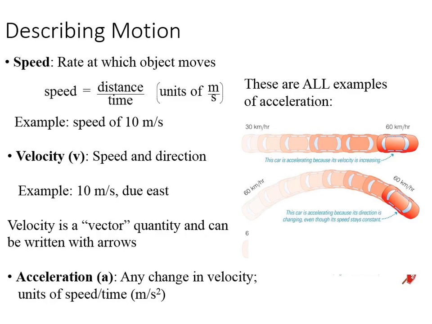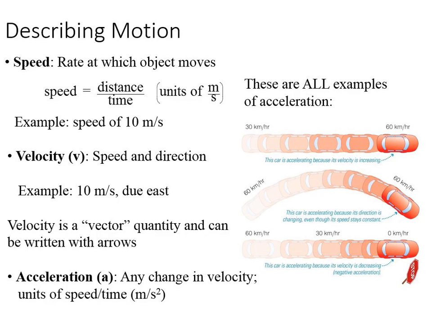The other type of acceleration sometimes we don't think of as much because we think of an accelerator on our car, but if you slow down, you're also changing your velocity. We call it deceleration. It's like negative acceleration. So that's what this other one's showing you. Going from 60 kilometers per hour, slowing down to 30 kilometers per hour, and then finally stopping. This is important because in a minute, I'm going to show you how Newton's laws of motion has an acceleration term in it.